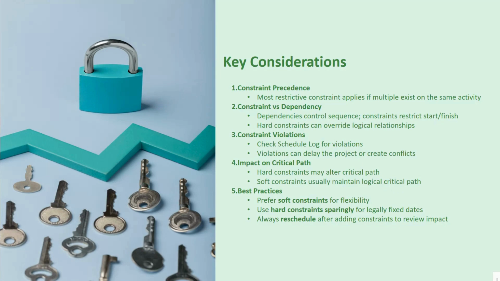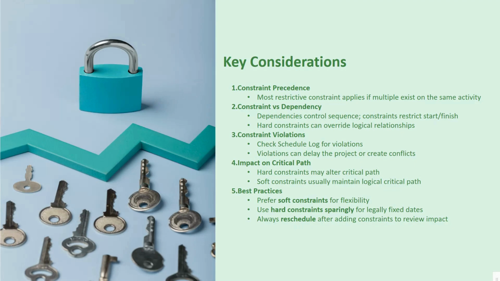Okay, after that we have the best practices. Prefer soft constraints for flexibility. Use hard constraints sparingly for legally fixed dates. Then always reschedule after adding constraints to review the impact. So my general advice is to prefer soft constraints because they give you a more flexible and realistic schedule.